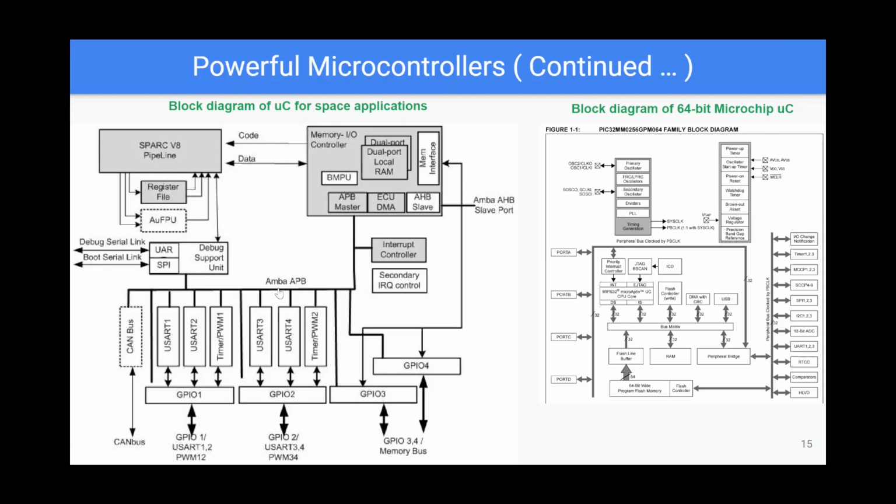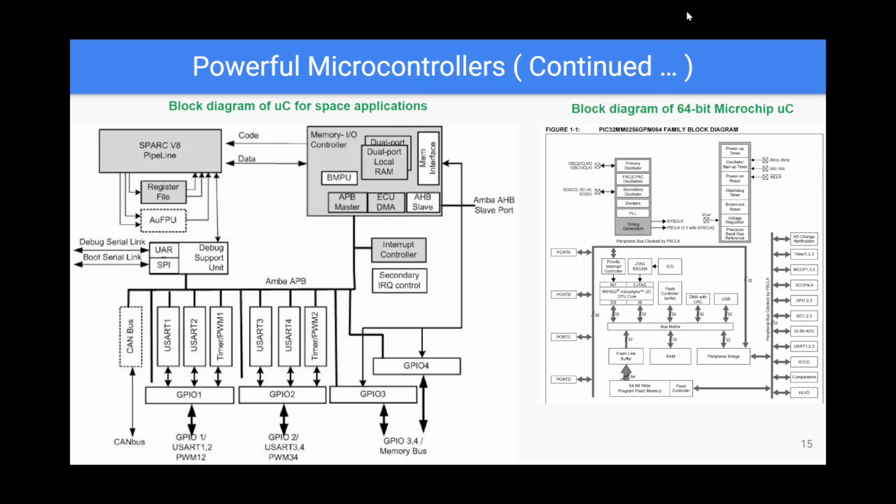And again, if you click on these, PDFs will be shared with you. As you can see, once you have the PDF, you can simply click on these block diagrams and it will take you to the link from where the information is taken. And this is a block diagram of a microcontroller for space applications.